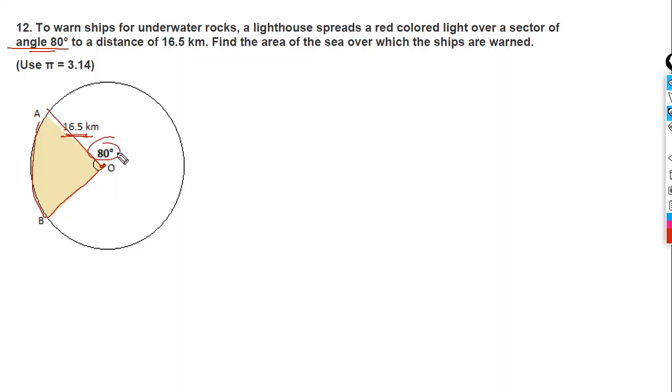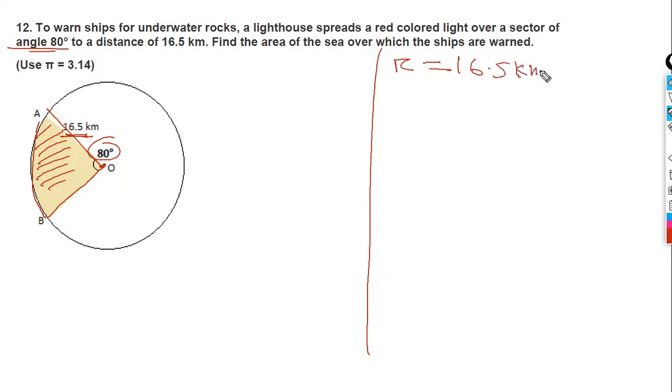So what do we have to find? Find the area of the sea over which the ships are warned. So how much area will it warn? It will warn only this much area, because the light is spreading up to this area. So we have to find this area. What we will do? Here we have the radius r equal to 16.5 kilometer.